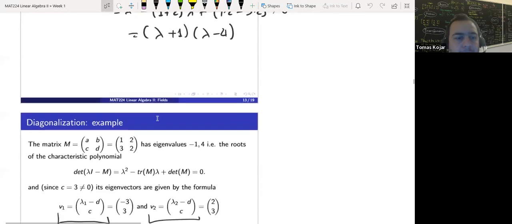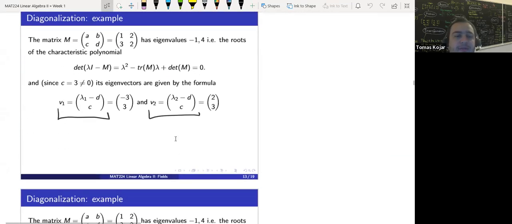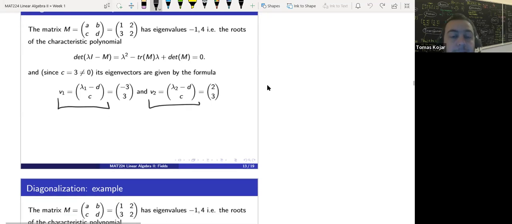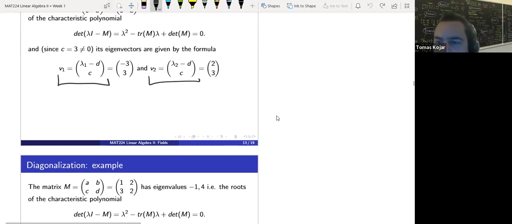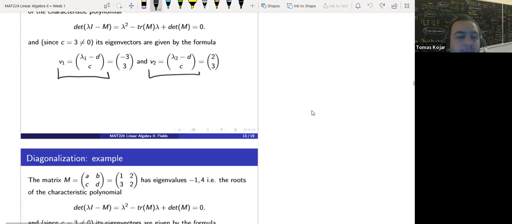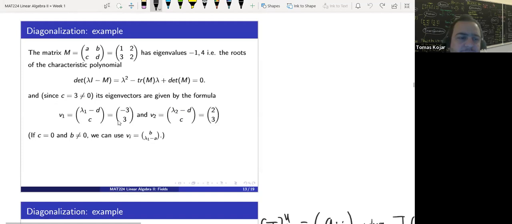Also, there's a formula for eigenvectors. I'm not sure if you've seen it before. That saves a lot of work in trying to derive it. This formula is true when C is not 0.